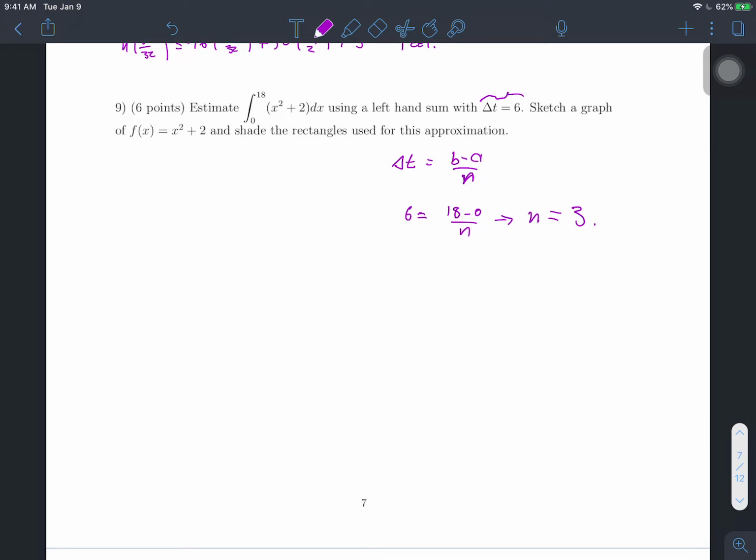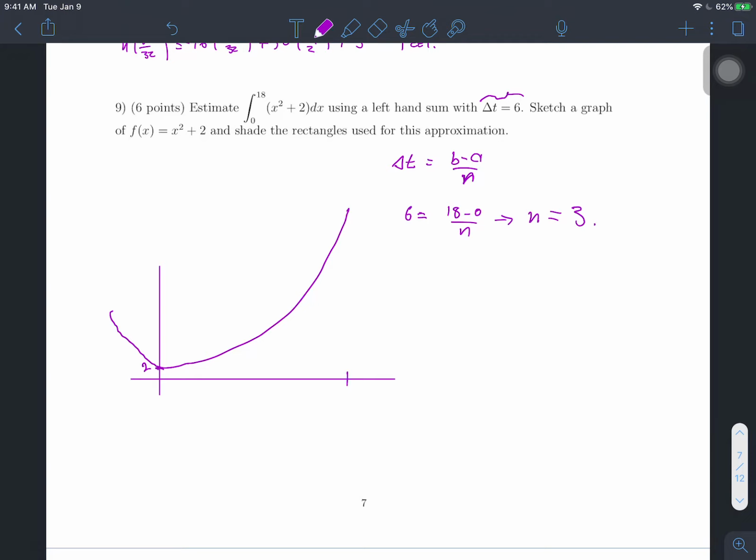And we're supposed to sketch a graph and shade the rectangles used for this approximation. So let's do the graph first. What does this function look like? Well, it's just a parabola opening up, and it is a little bit off the ground. So here's 2, and it's a parabola opening up.